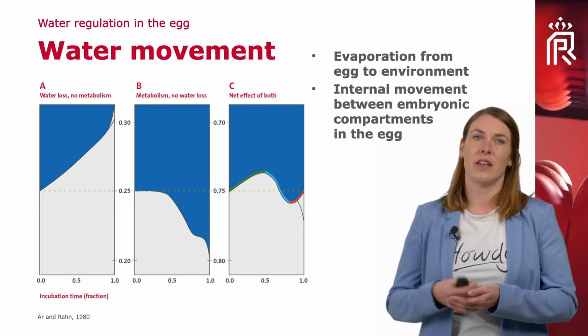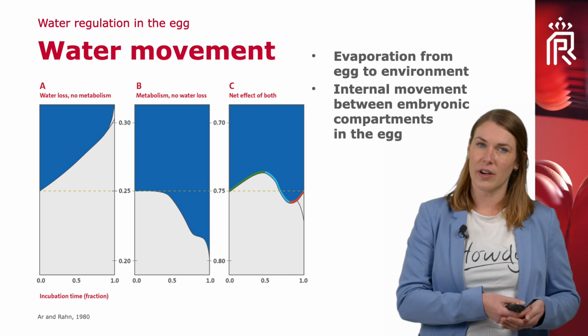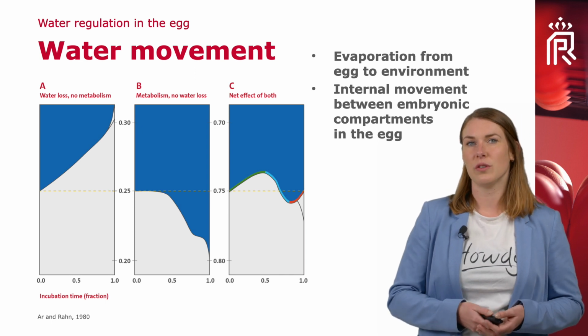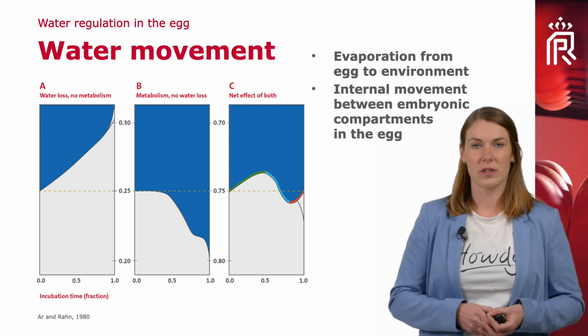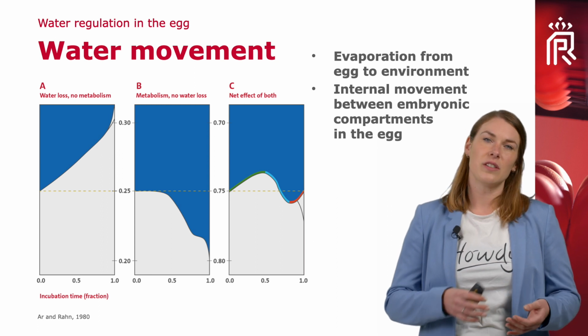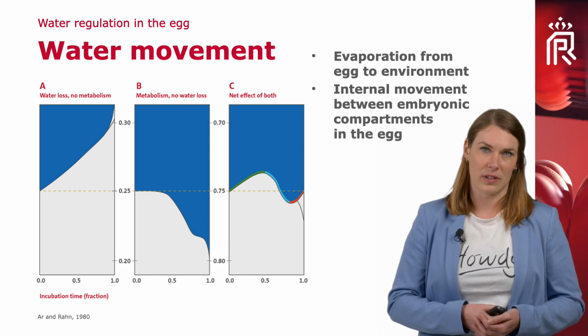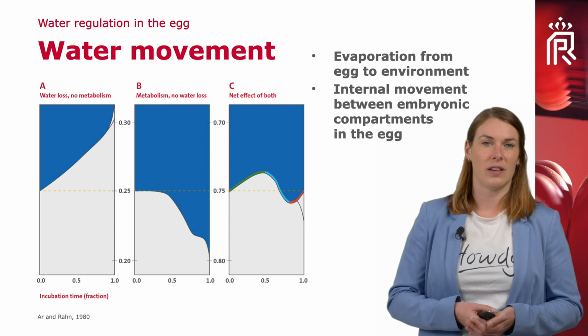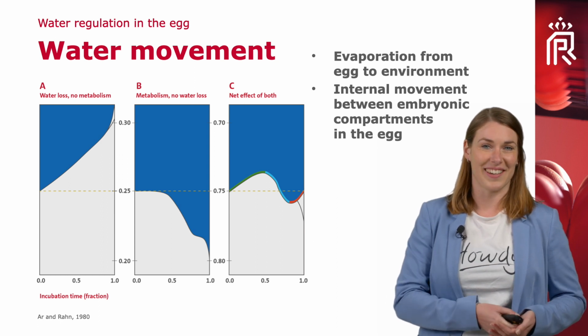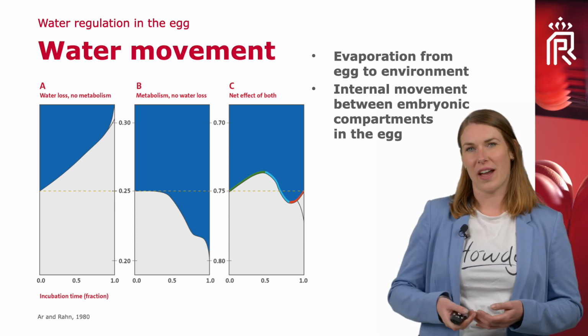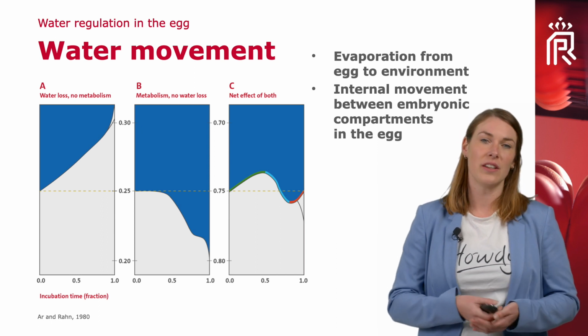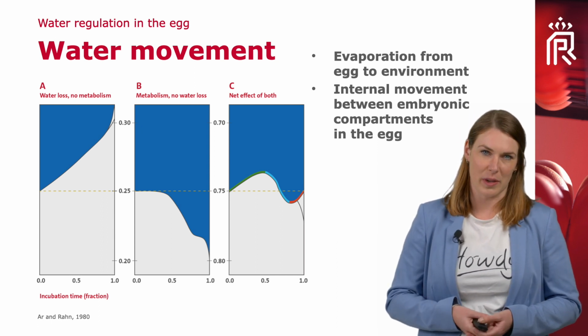So we see evaporation from the egg to the environment, but also internal movement between the different compartments in the egg. Now, there's a very nice article written about this by R.N. Ramon in 1980. All these graphs show the changes in the water and the solid fractions during incubation.